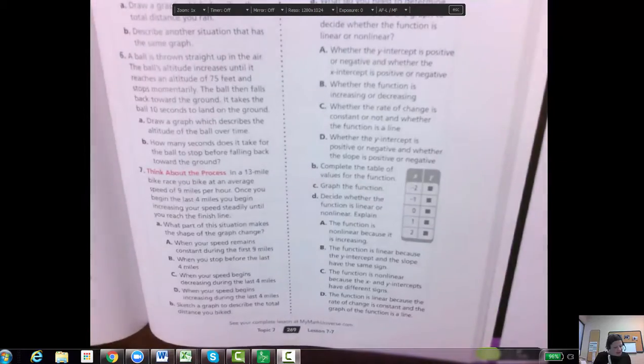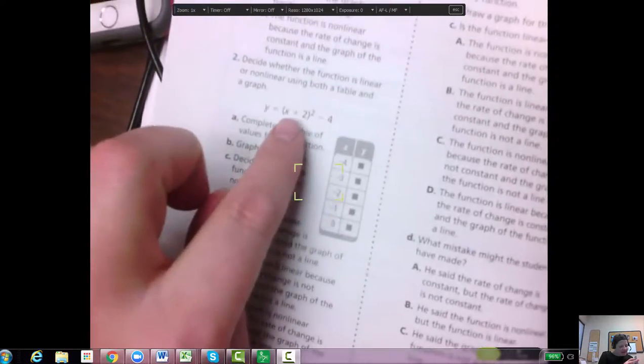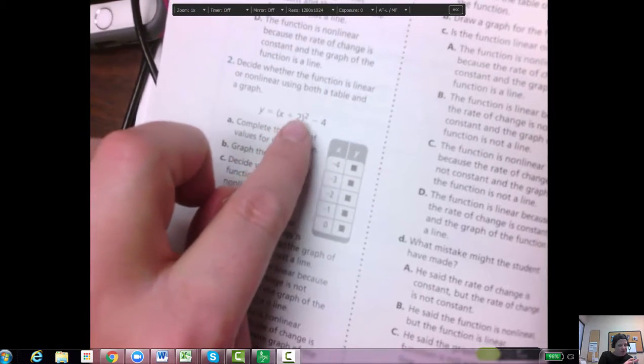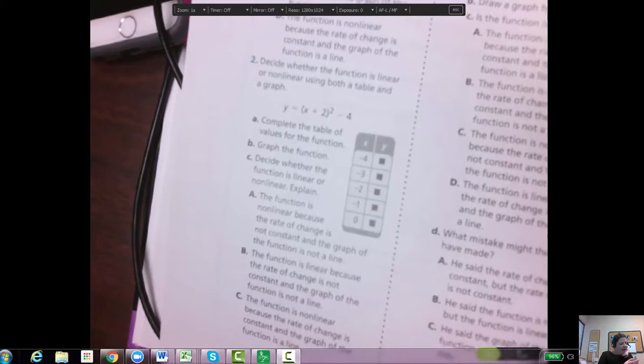So here's an example in the homework. This one here has an x plus 2 squared in the formula. And it says describe whether the function is linear or nonlinear.